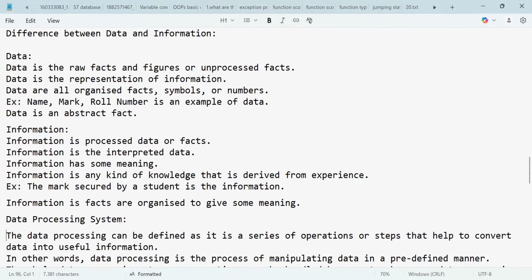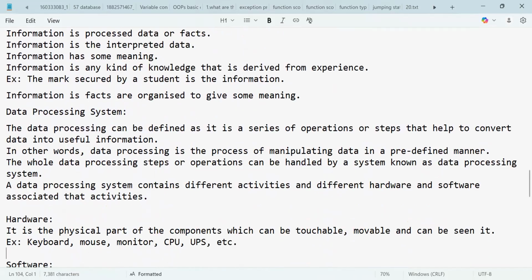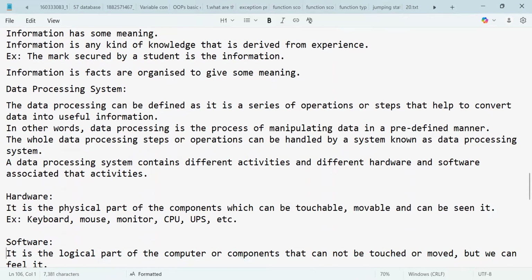The next one is: what is a data processing system? Data processing can be defined as a series of operations or steps that helps to convert data into useful information. One step of the operations converts to another step.